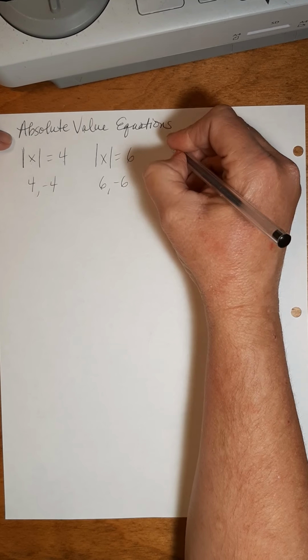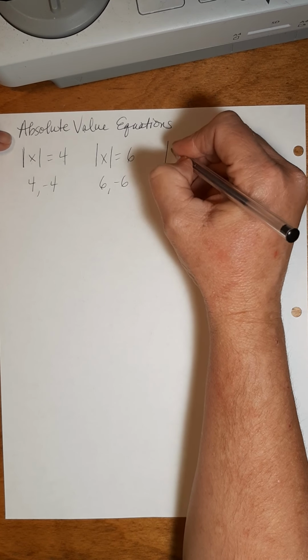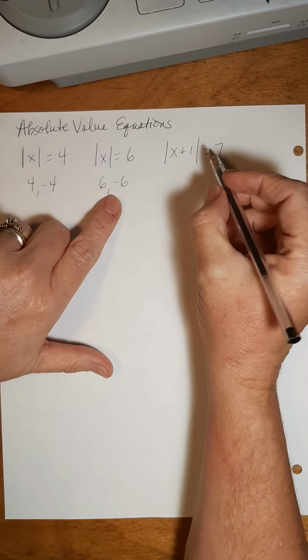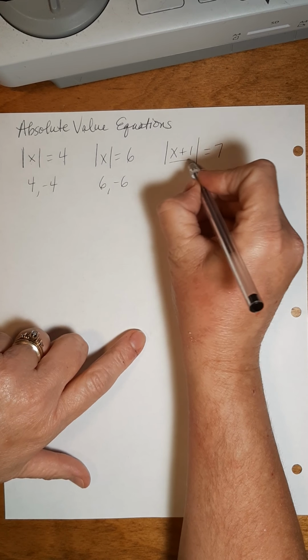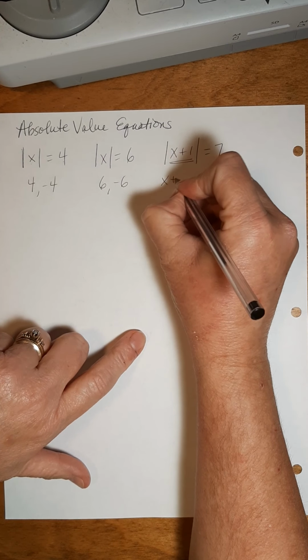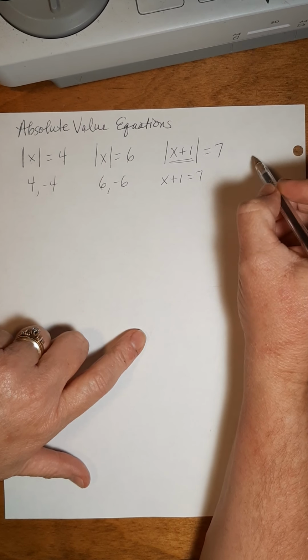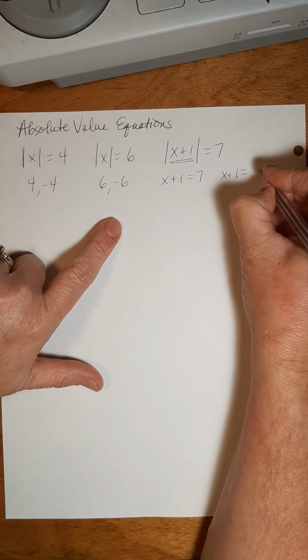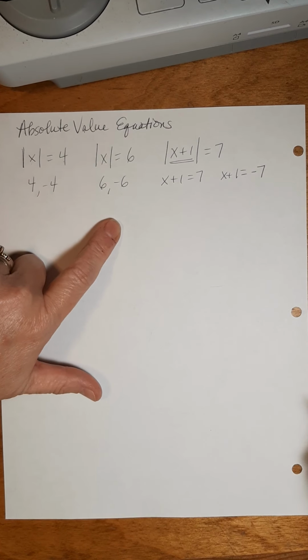If I had, let's say, they start getting a little tricky, absolute value of x plus 1 equals 7. Well, you'll remember these if you've done these before, in Algebra 2 or above. In this case, I have x plus 1 could equal 7, but in the same tone, I can say x plus 1 equals -7.